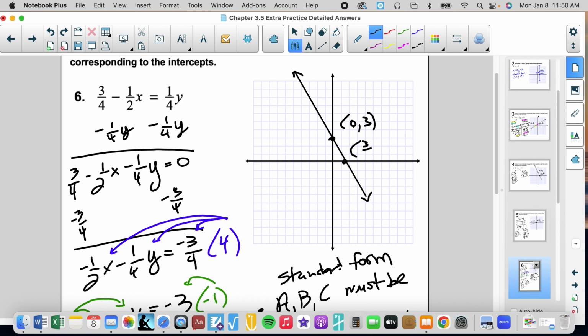So if we graph this, we'll be able to see what that represents. This is our x-intercept. This is our y-intercept. X is the number of sweatshirts.